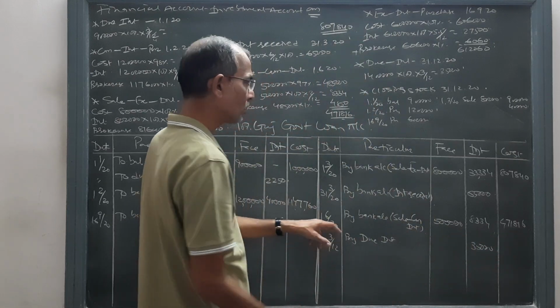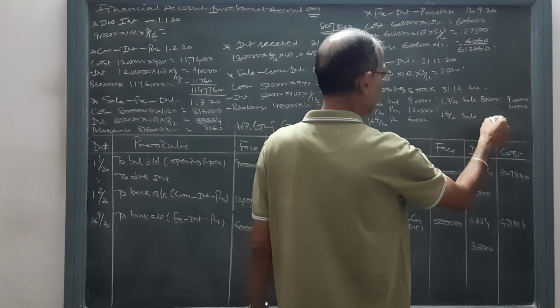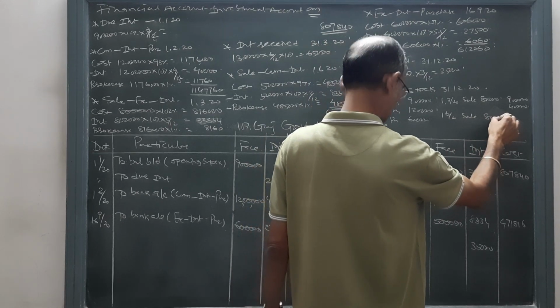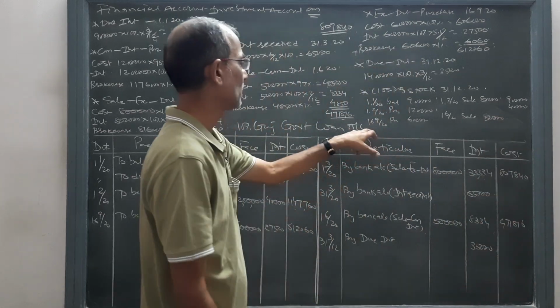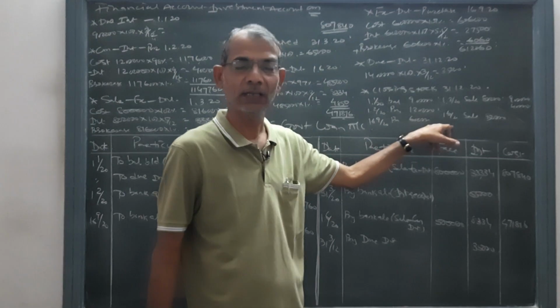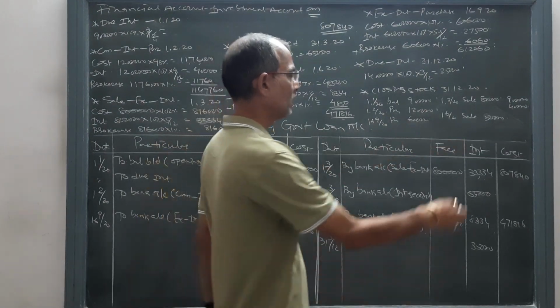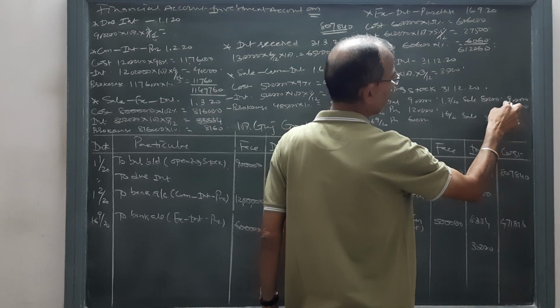The next sale is on 1/6/20 of 5 lakh. On 1/6, this is the purchase date after this date. So the security of this 4 lakh will be sold first and 1 lakh will be sold from this.